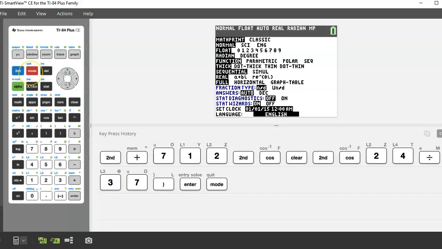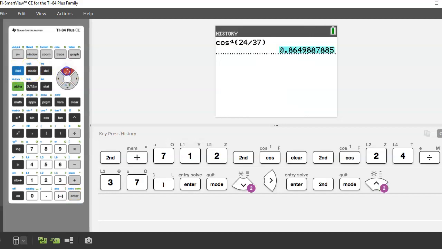Except when you do this, your calculator needs to be in degrees. So any question that is asking you to solve for right triangles, but is asking you to find the angle, you're doing the inverse. You're not doing cosine of 24 over 37. And anytime it's asking you to find the angle, you're doing cosine inverse of that fraction, not cosine of that fraction. Cosine of some angle.